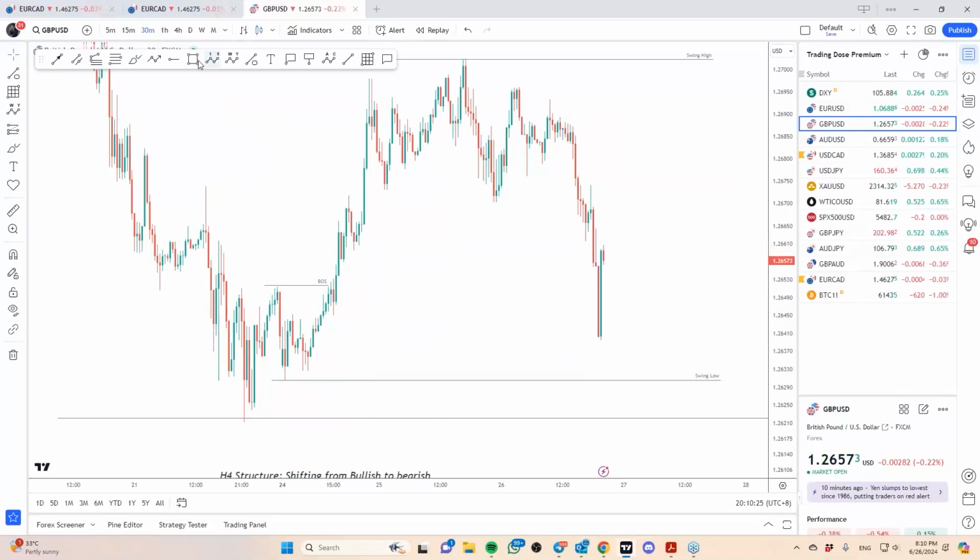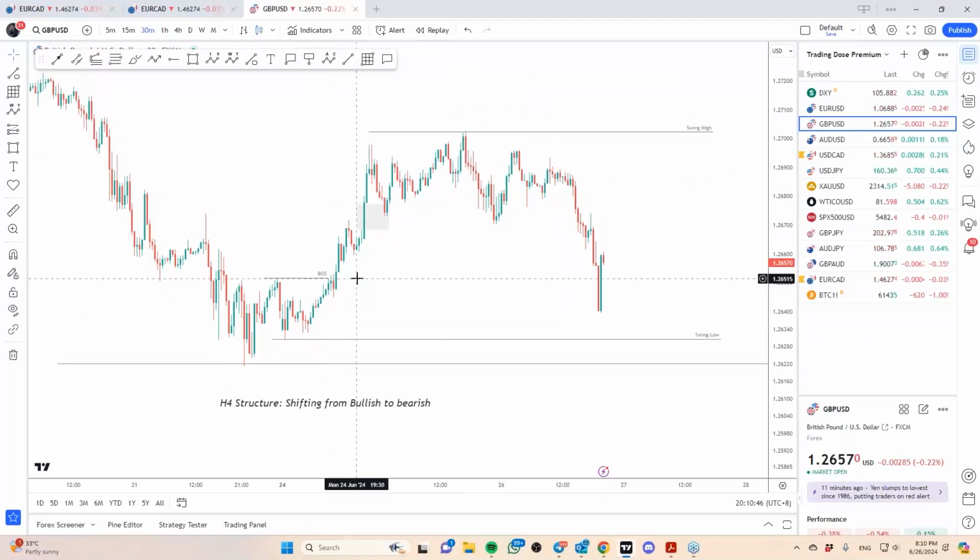Not really, all the way until this area here. This entire push here, we don't really have a fair value gap. Now this fair value gap has been tested, and oftentimes when it's tested, we don't really want to take it anymore. So in this entire push, we don't really have an obvious fair value gap. Oftentimes if we face something like that, we don't really have a setup, right?